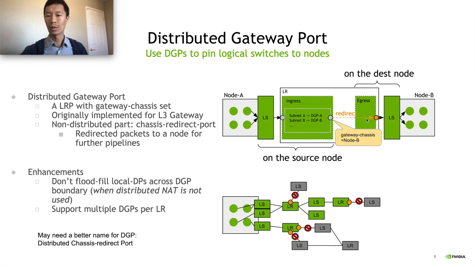That means there's a port binding for its corresponding chassis redirect port that's located on node B. So the packet will be redirected to node B through the tunnel and continue the processing there for the egress pipeline of the logical router and then the node B side logical switch pipelines.